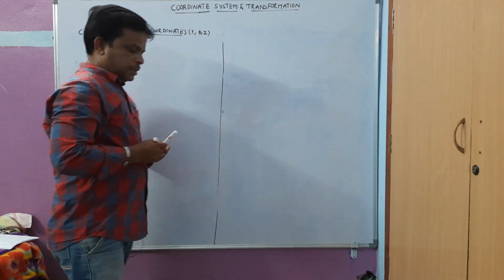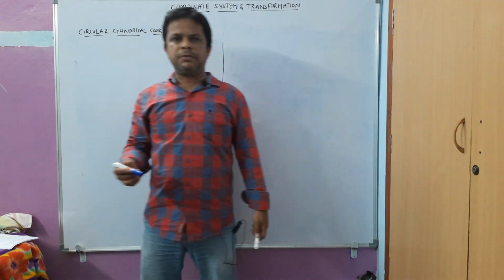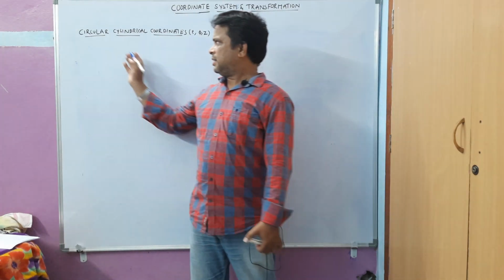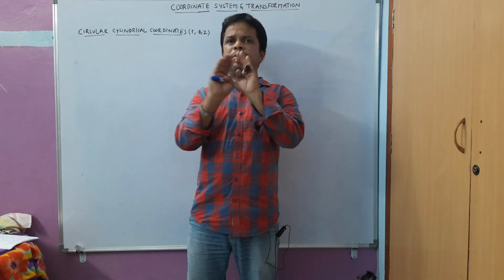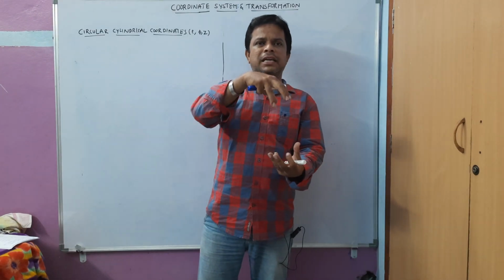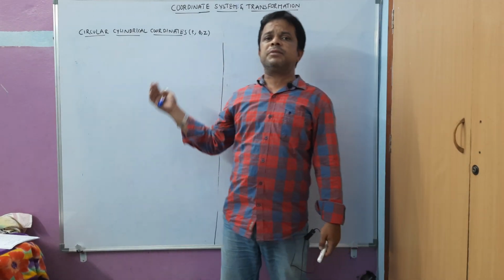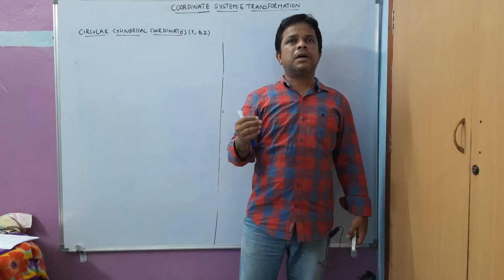The importance of the circular cylindrical coordinate system is that it is in the form of a cylinder, a bottle-like structure. Cylindrical coordinate systems are useful whenever circular symmetry problems arise.